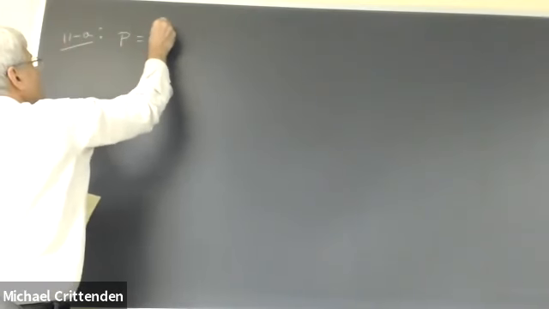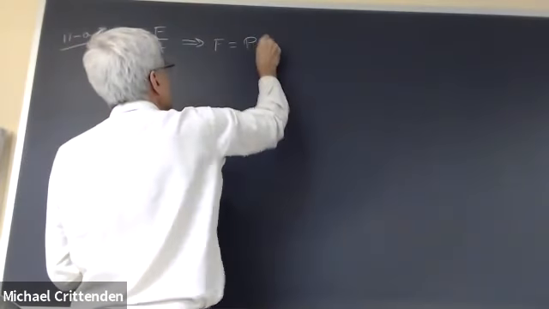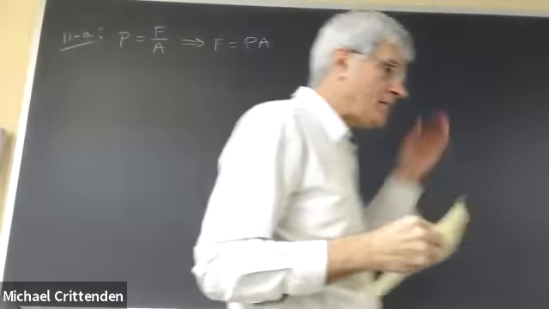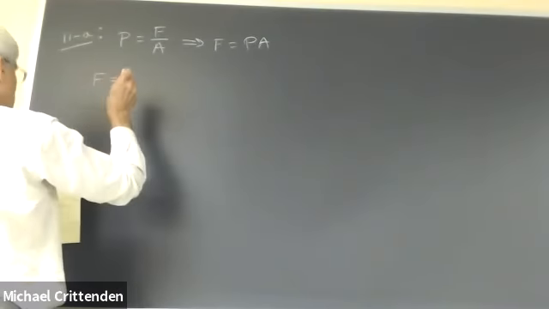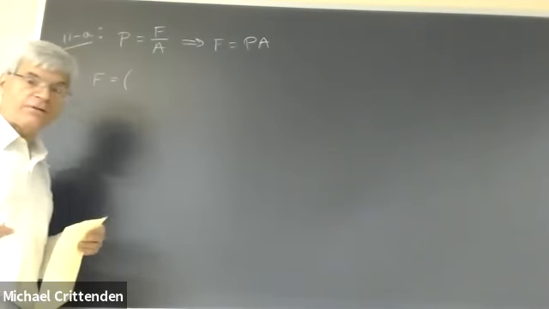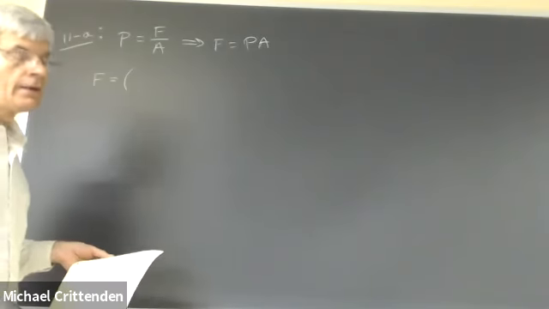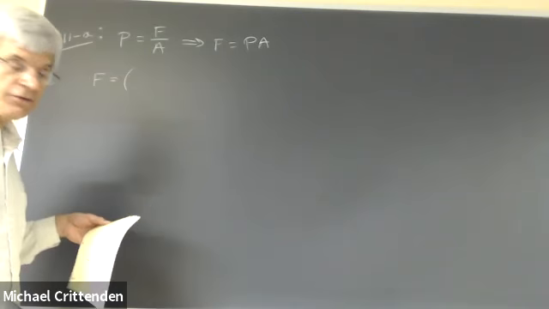P equals F over A follows from that F equals P times A. Multiply both sides by the area. Since the question says nothing to the contrary, we'll assume standard atmospheric pressure. What other choice do we have?